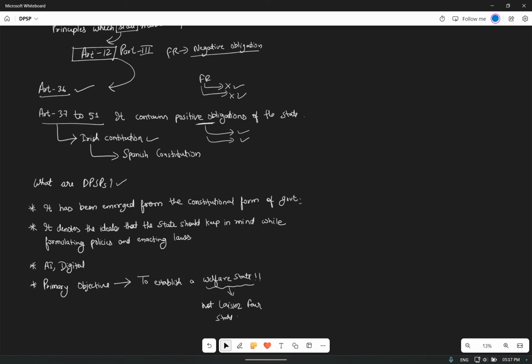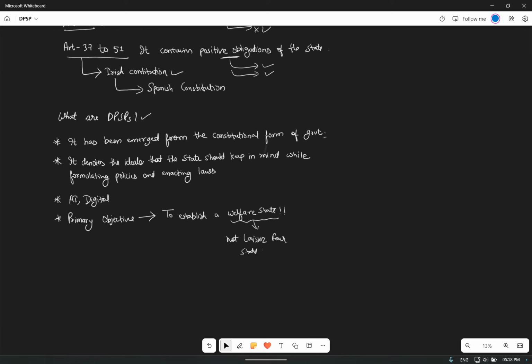We are going to have a complete session where we discuss the difference between the DPSP and fundamental right. But currently overall we have seen that the main difference is that the fundamental right was related to the negative obligation and DPSP was related to the positive obligation, that a state should do those things. So we are going to discuss in detail in the coming session.